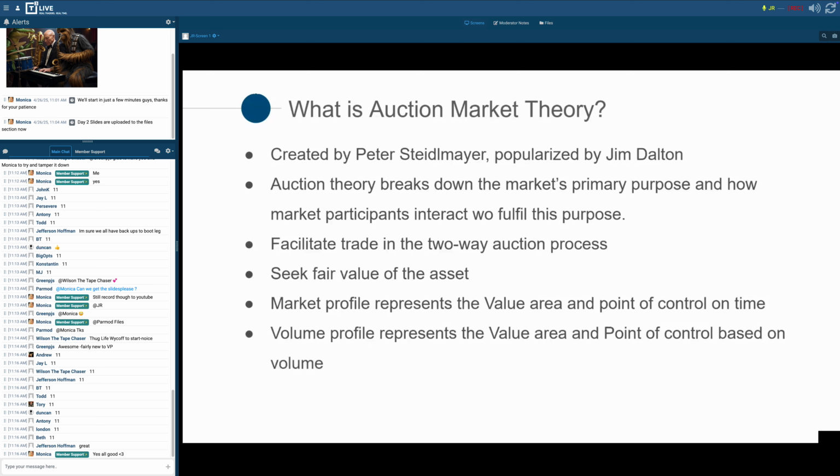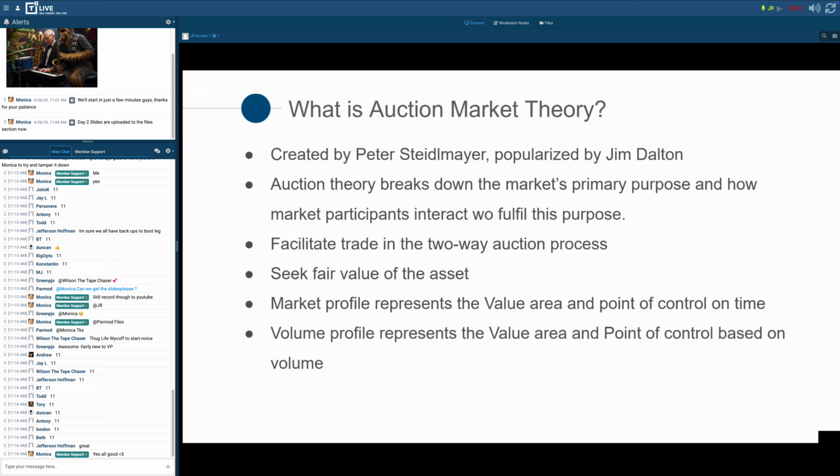Well, auction theory is important because it really breaks down your daily interactions in the market. It labels them and it explains away, in my opinion, in a very effective manner, why the market behaves the way it does.